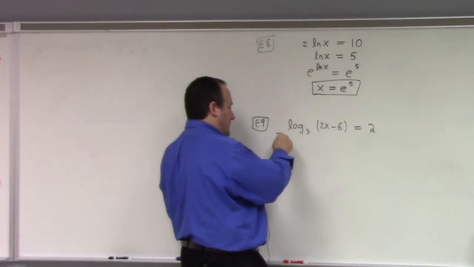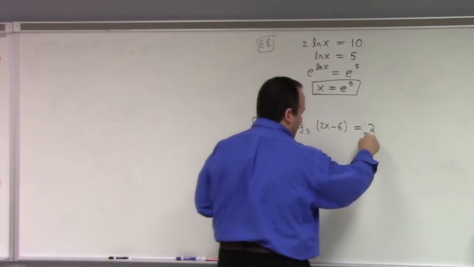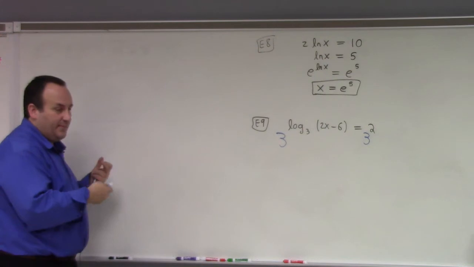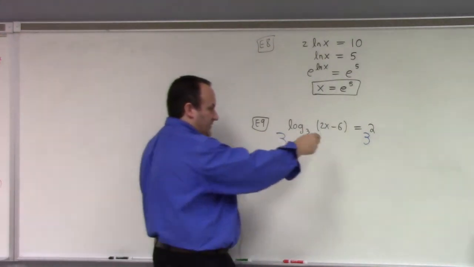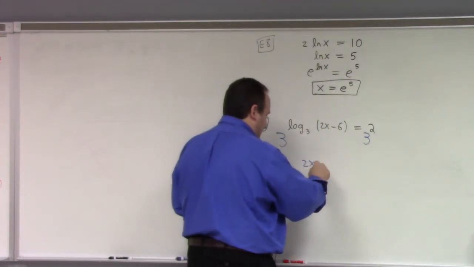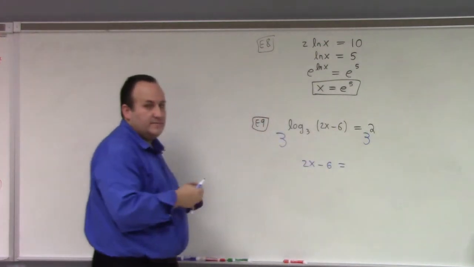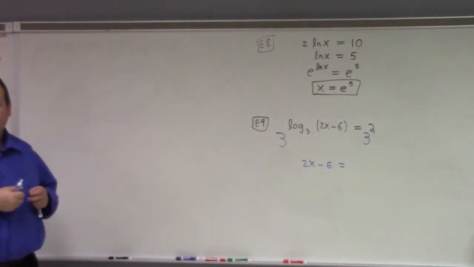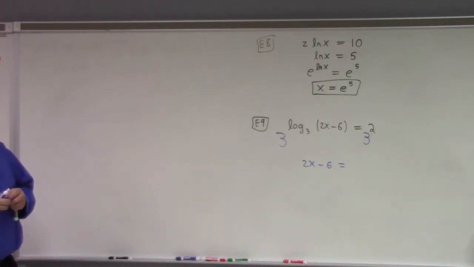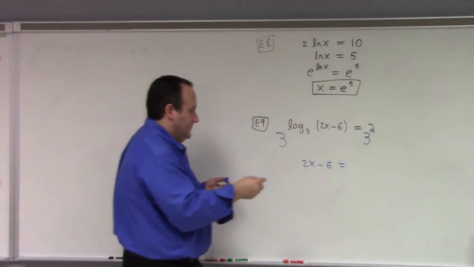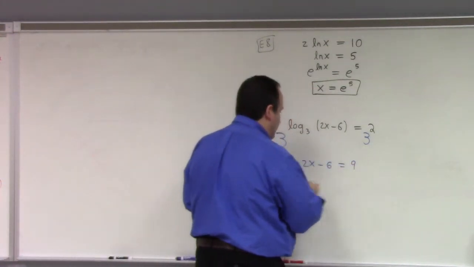So I do 3 to the log base 3 of x equals 3 to the power 2. The 3 and log 3 cancel by the definition of logarithm. So the left-hand side gives me 2x minus 6. And the right-hand side, well, what's 3 squared? Three times 3, right? Which is 9.